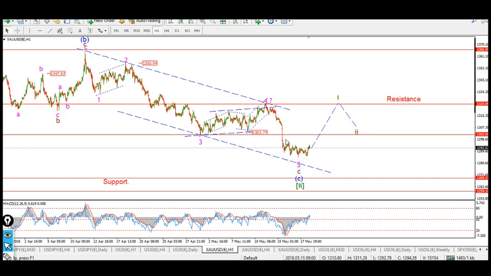I wanted to see a break of the previous low there at 1302, and we got that emphatically. From here on in, I am fully switched to bullish mode, and I'm looking a long, long way up.